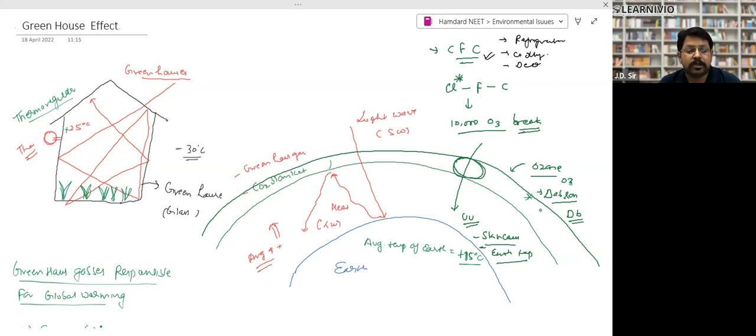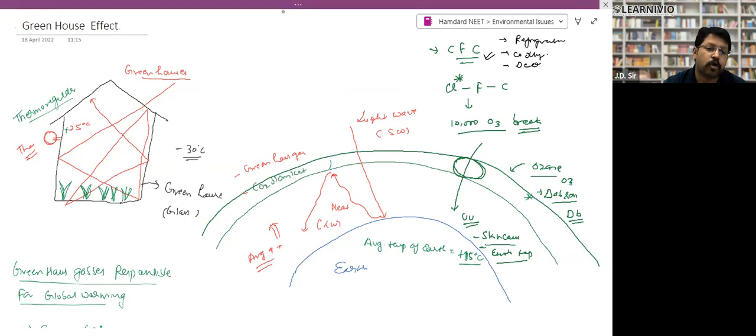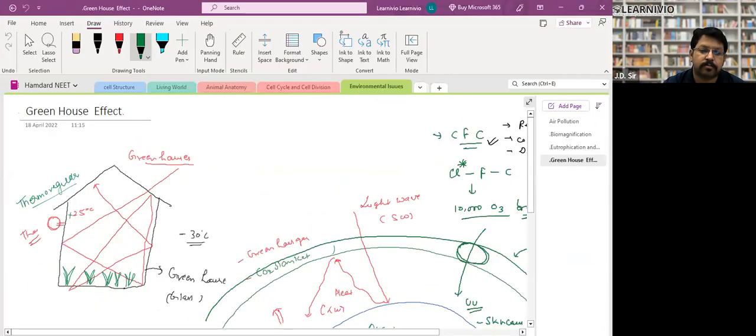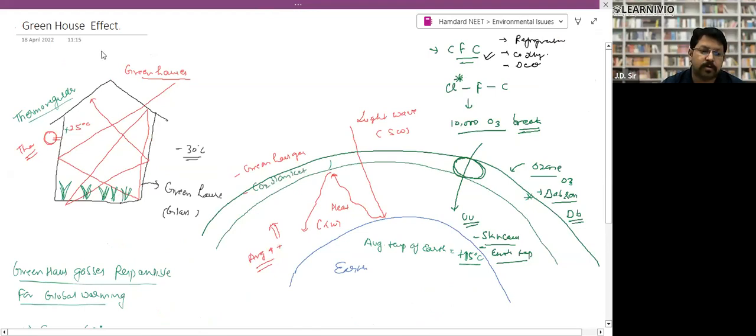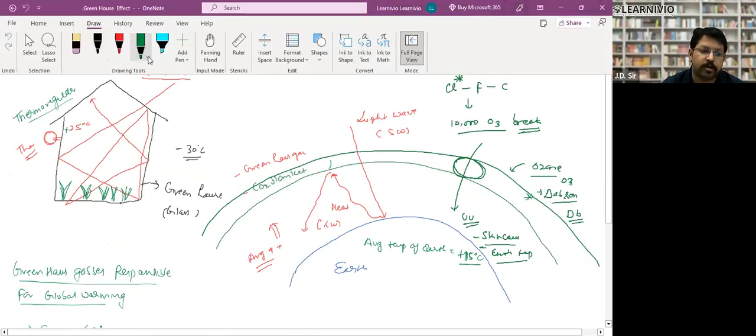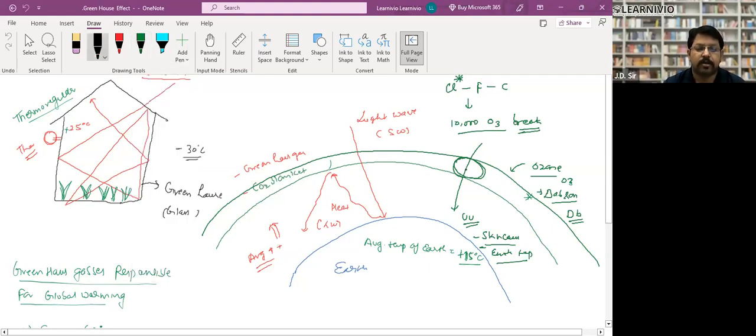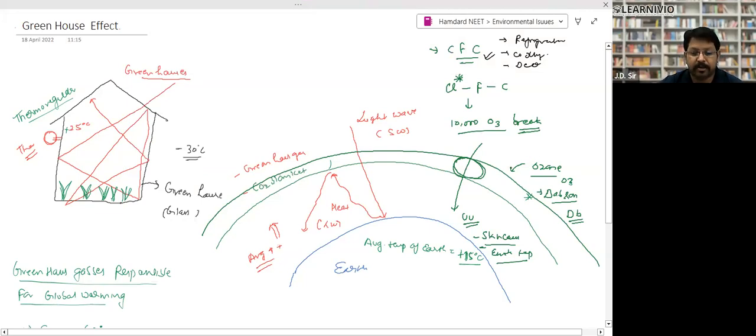Now, what is the use of ozone? The use of ozone is that it protects us from the harmful ultraviolet rays. Along with the sunlight, ultraviolet rays are coming, UV rays.